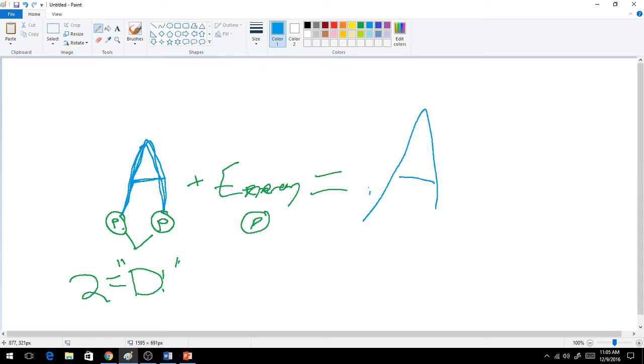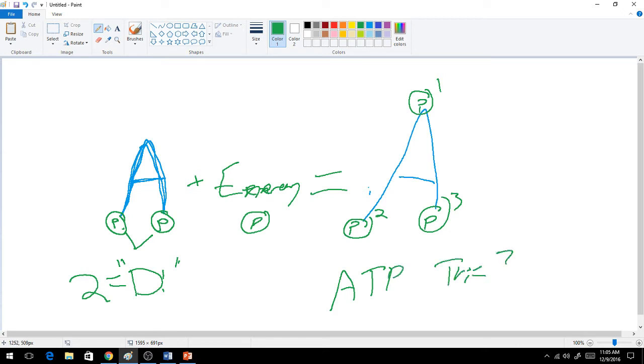here's our big letter A. We'll go back to our green. 1, 2, 3. Again, this isn't the exact chemical structure. I'm just drawing for illustrative purposes. So 1, 2, 3. ATP, tri equals 3.